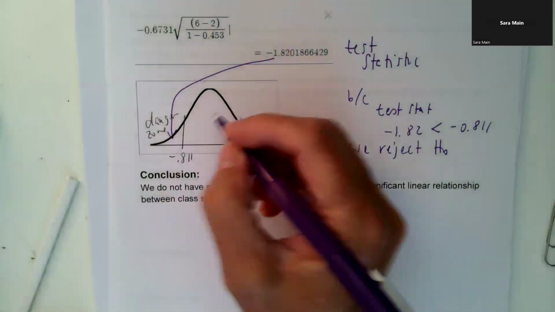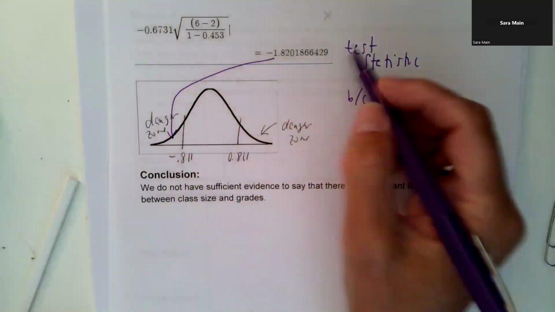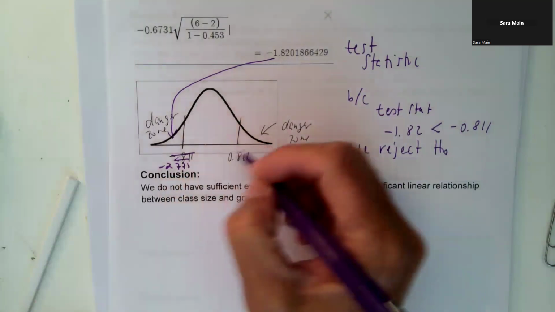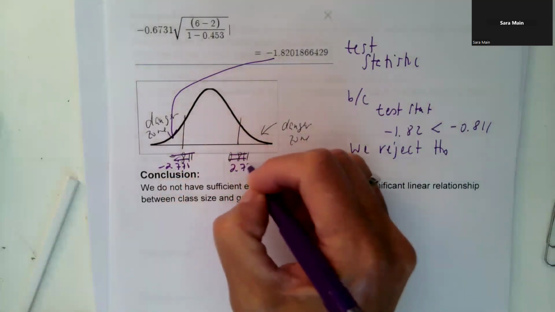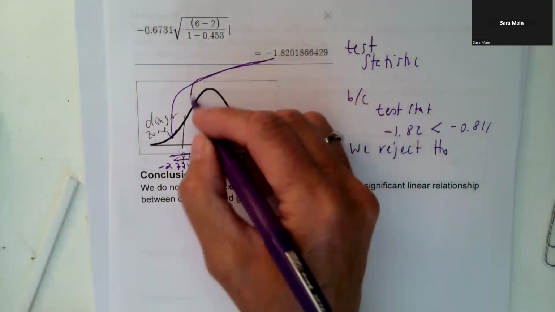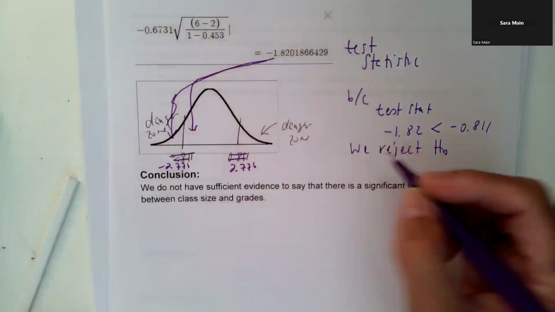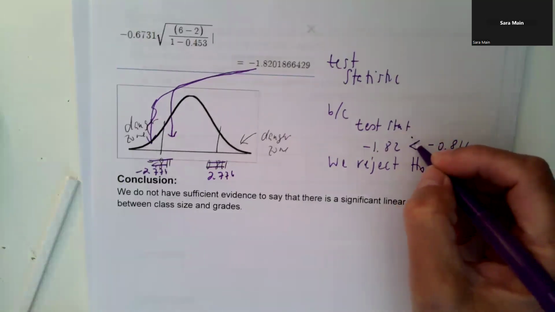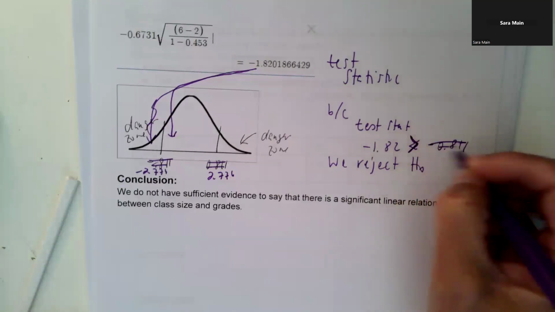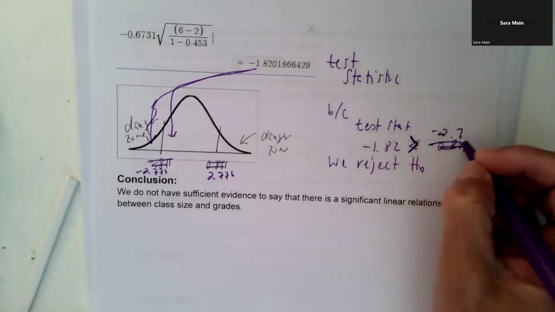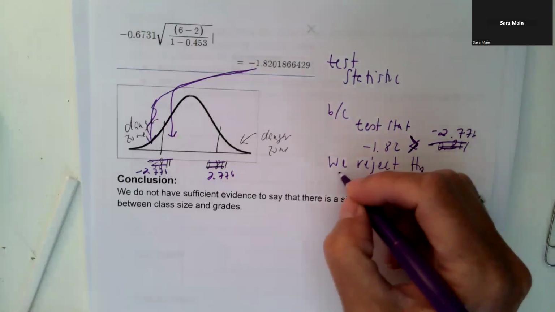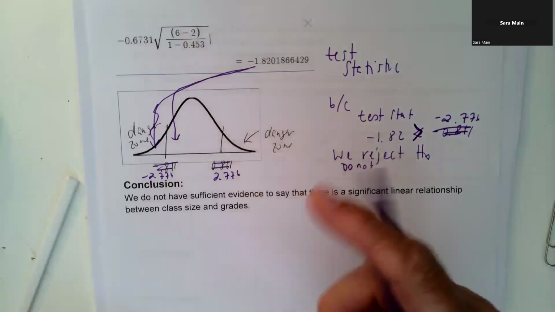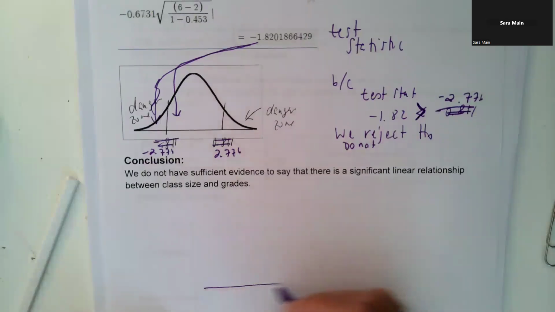So our test statistic is not, it's a negative 2.776 and a positive 2.776, and it's greater than our test statistic. So we do not reject. Okay, we're not in the danger zone. So let me redraw the picture here. I apologize.